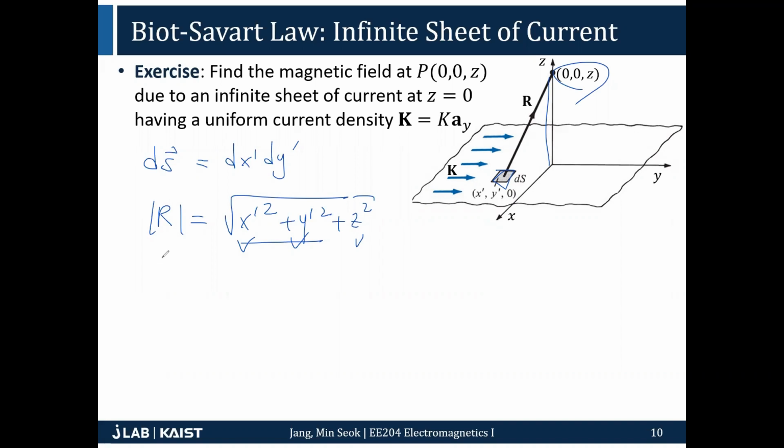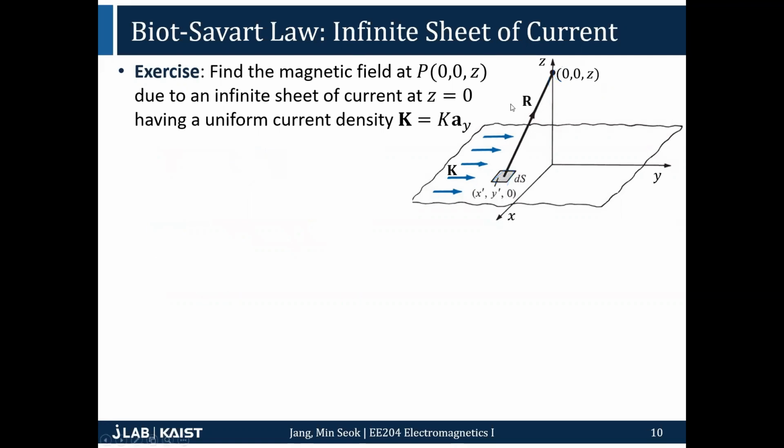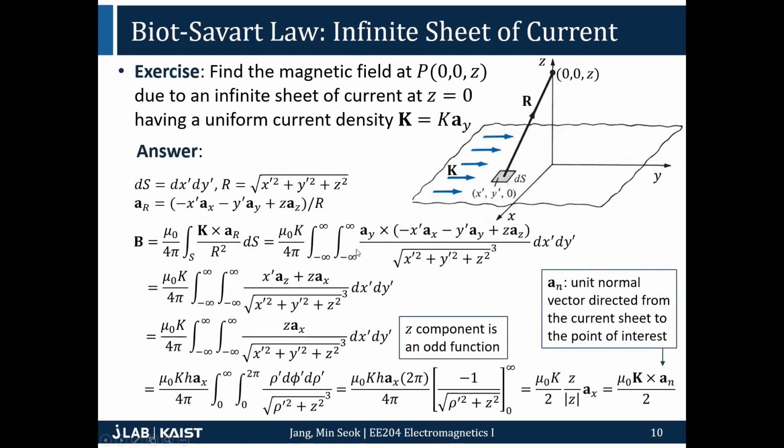And then a_R, you know how to do it. So plug everything in. The B field expression is given like this. a_y is the direction of the current.